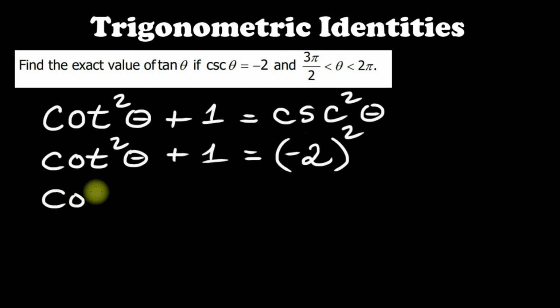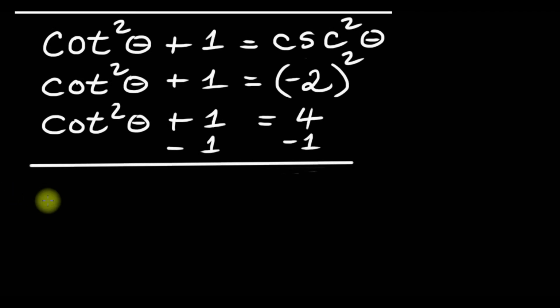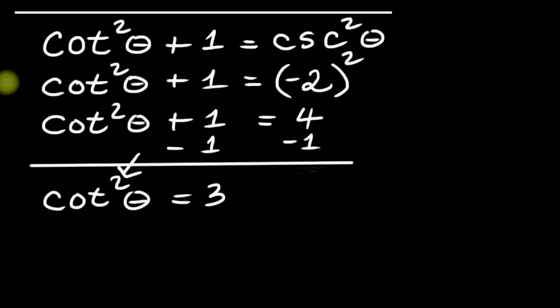And then cotangent squared theta plus 1 is 4. And then we solve for cotangent. So subtract 1 from both sides. Here we have cotangent squared theta is 3. And then to get rid of the square, we have to square root it.